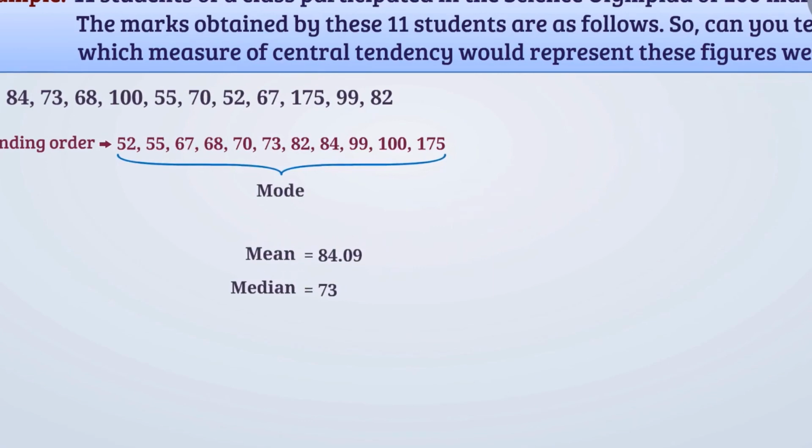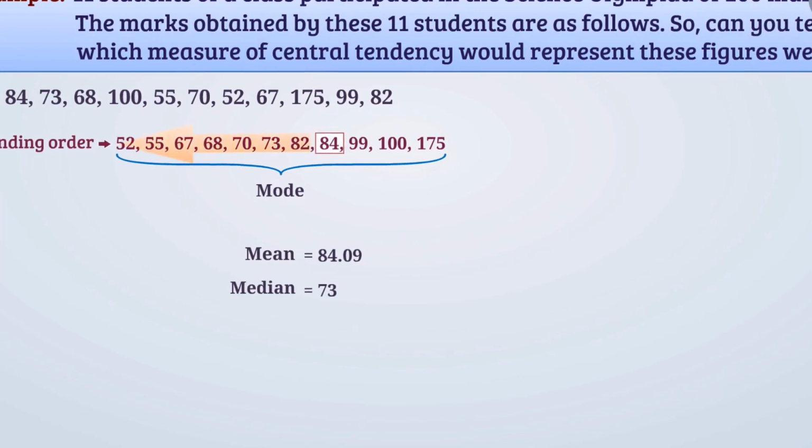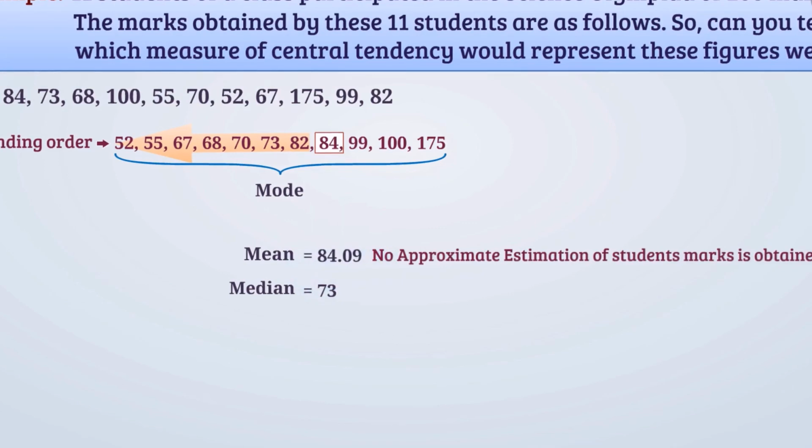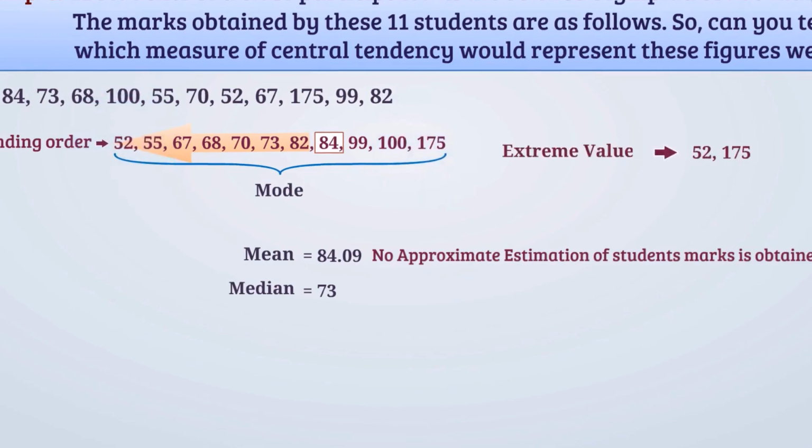Now, if we compare the three measurements, we see that most of the students have less than 84 marks. Therefore, no approximate estimation of students' marks is obtained from the number 84.09. This is because the numbers 52 and 175 are the extreme values here.